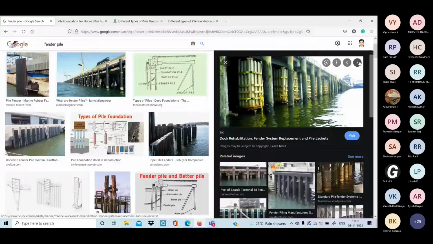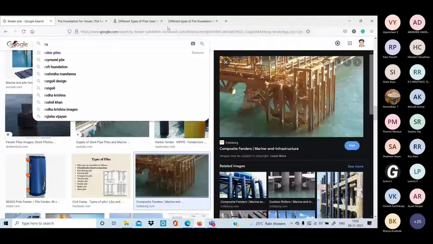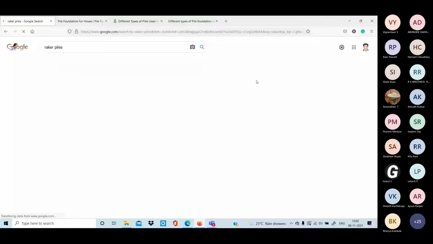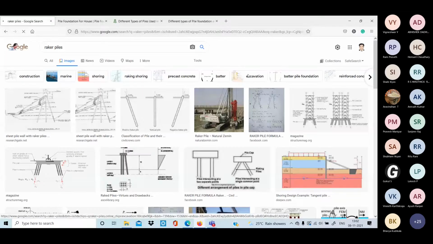It is observed that they provide this pile in an inclined form so that it will bear more load.